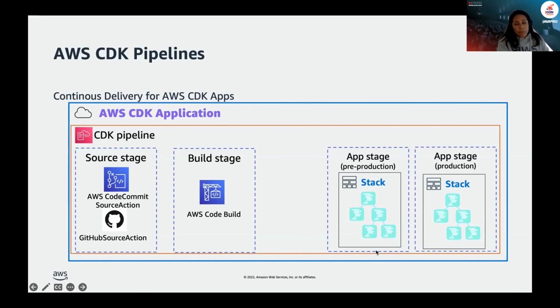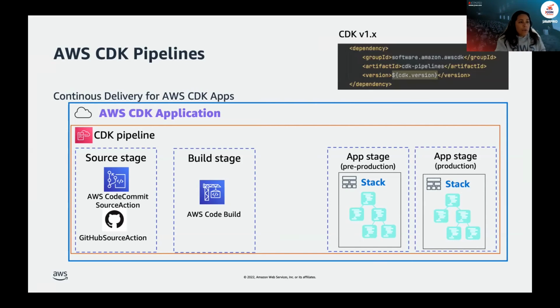We can separate our pre-production environment in one AWS account from our production environment living in a different one. And of course, the account that runs the pipeline has to have cross-account permissions to do that. We now have a single library to include in your projects. You don't need to declare anything else as you did with version 1.